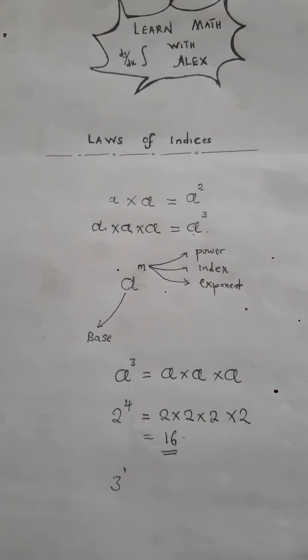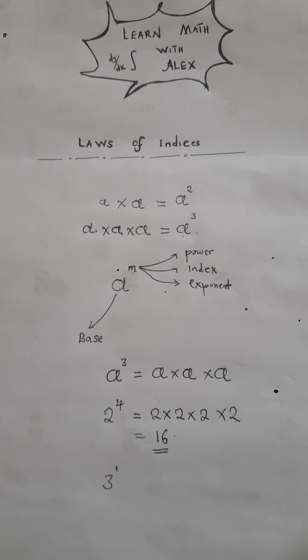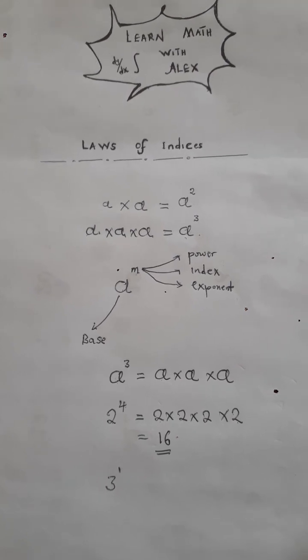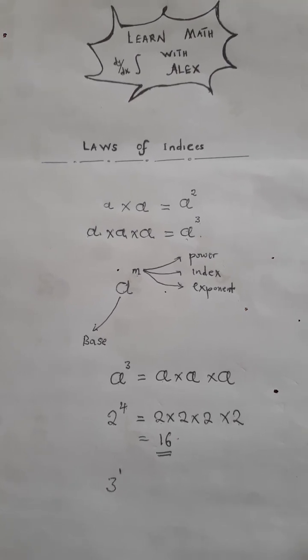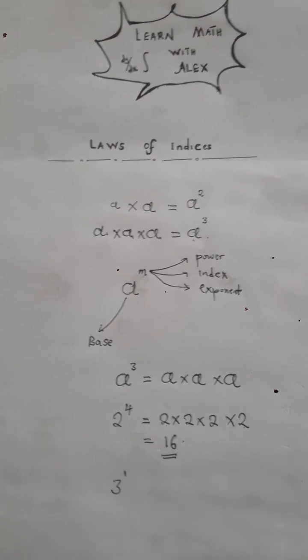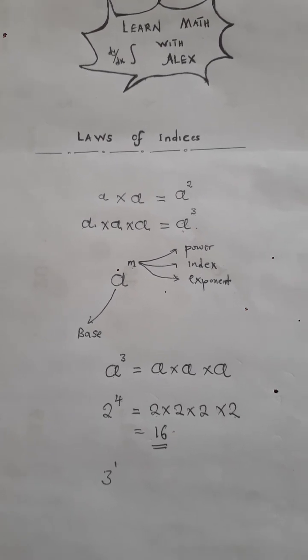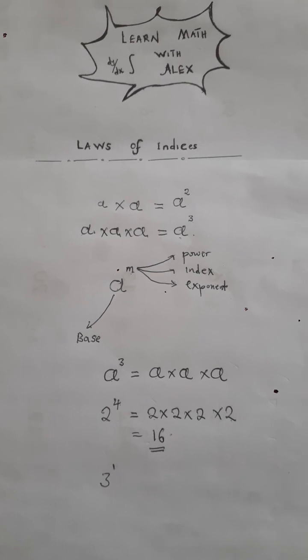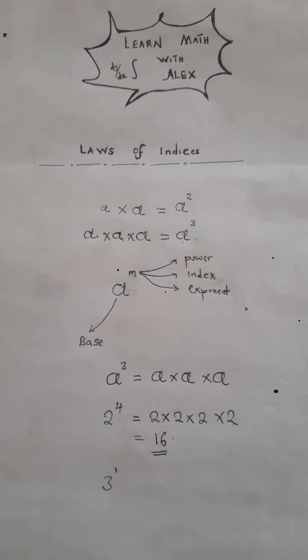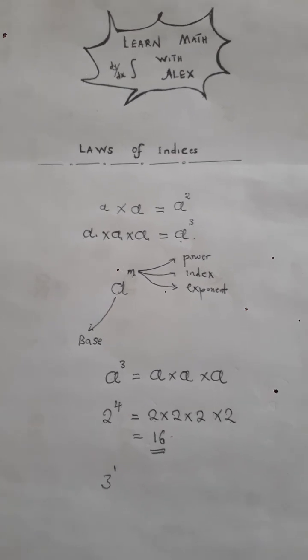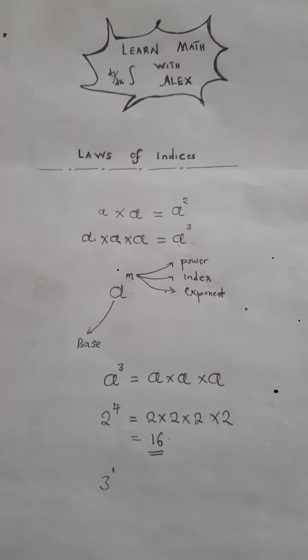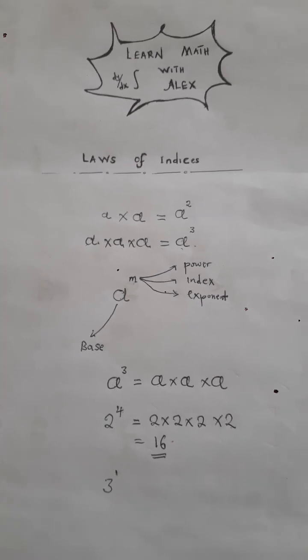Now that you have an idea of what indices are, let's get back to our main subject, the laws of indices. So what happens when you break the law? We know when you break the law, you'll be jailed, you'll be punished.